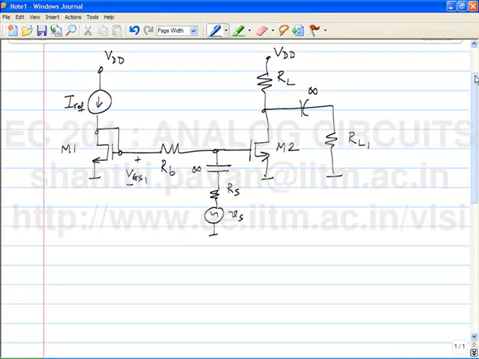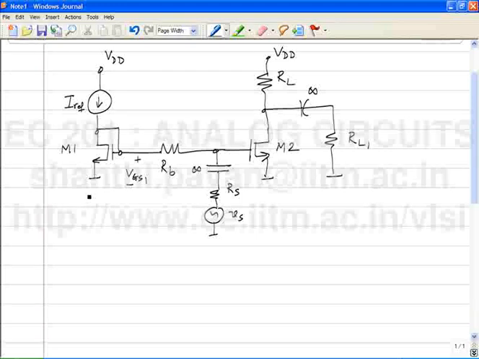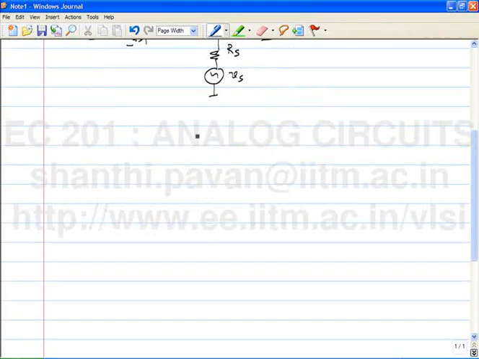So there will be slight differences. So if you use this particular arrangement, because M1 is not exactly equal to M2, you can expect that there is a fair amount of difference between the drain current of M2 and the drain current of M1, which is IREF. The question now is, is it possible to do the same kind of approach where the bias current is independent of the threshold voltage of the device, but use only one transistor?